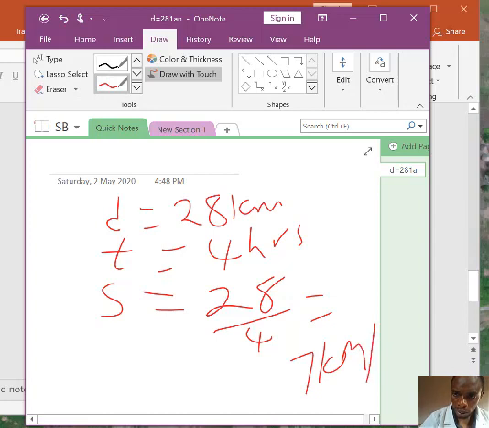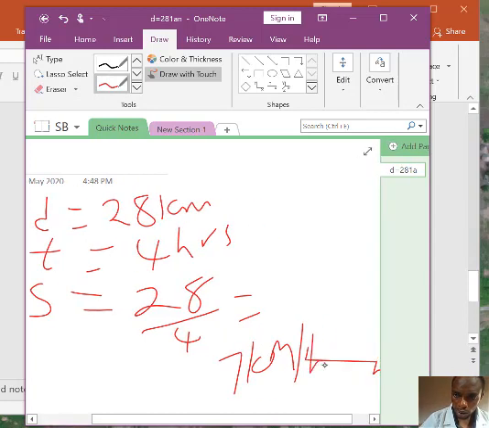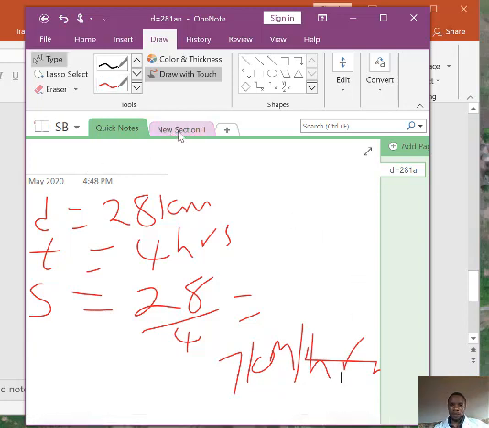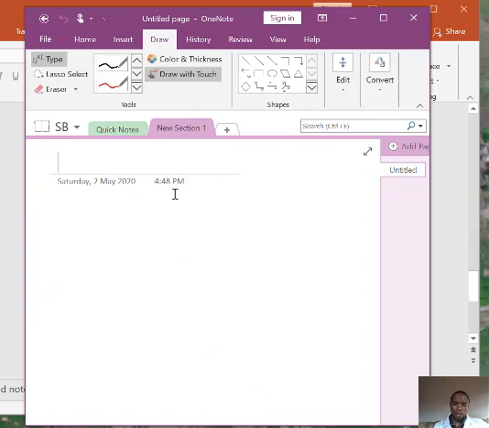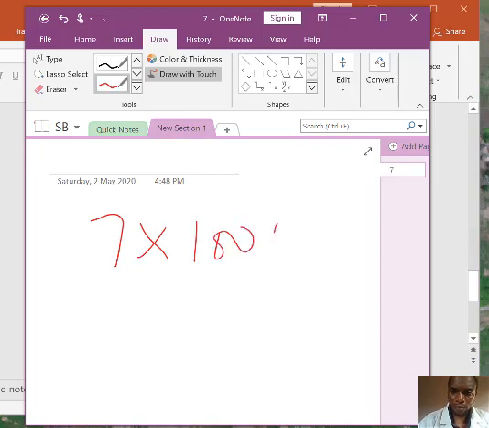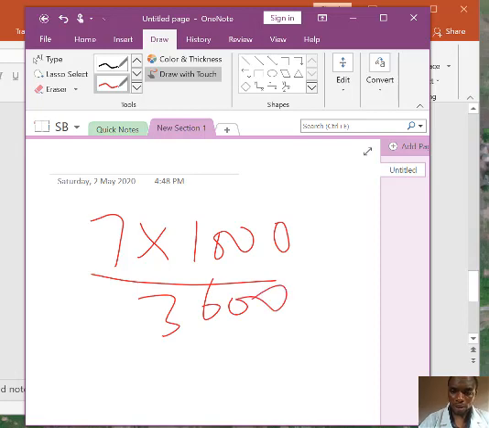So that will give us the speed in kilometer per hour. Then if you are to calculate in meter per second, we can easily convert kilometer per hour to meter per second by multiplying by 1000 and dividing by 3600.